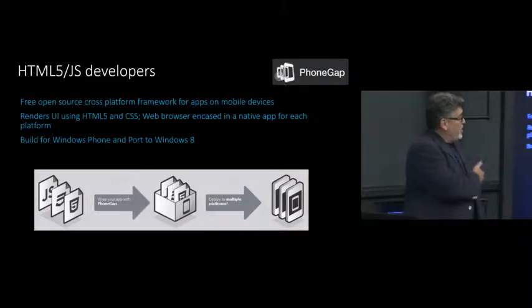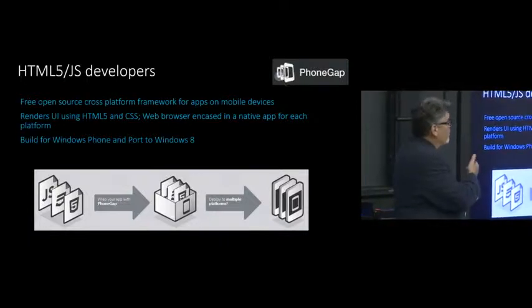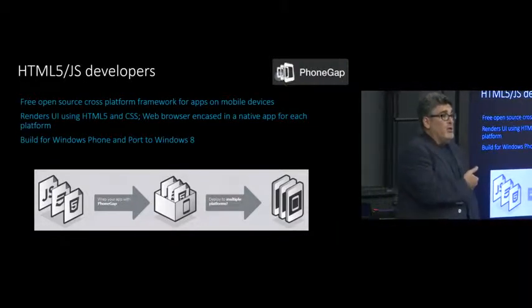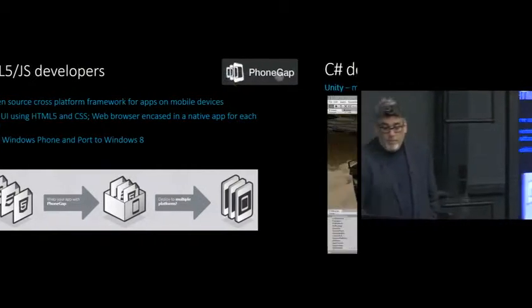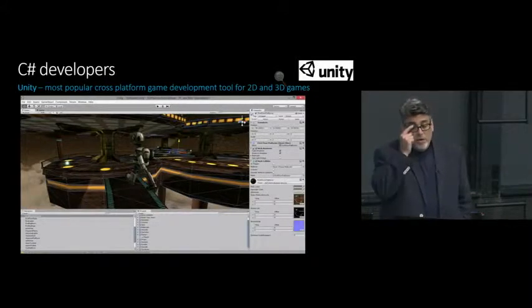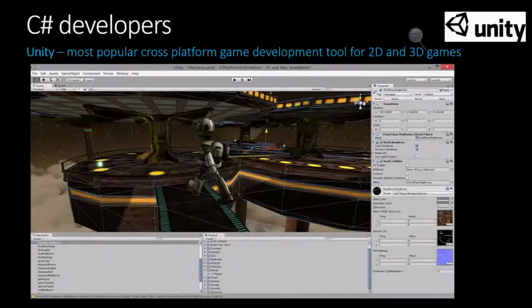As I stated earlier, if you're an HTML5 developer, PhoneGap is a fantastic option for a cross-platform solution. All right? If you're a game developer, Unity just released their Windows 8 and Windows Phone support. So you can now take your games there.